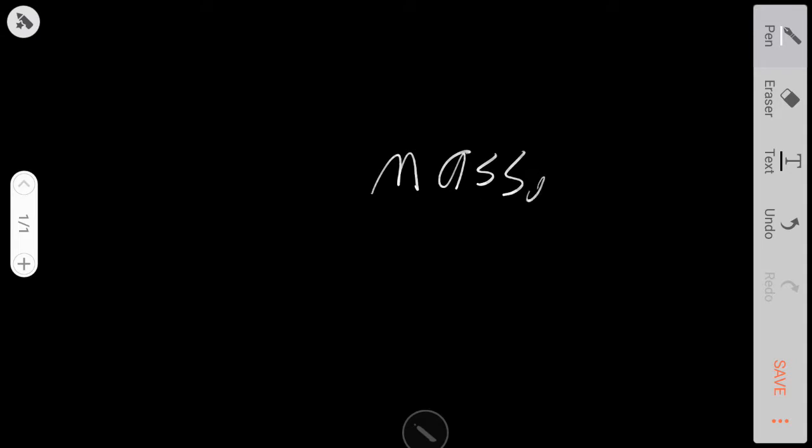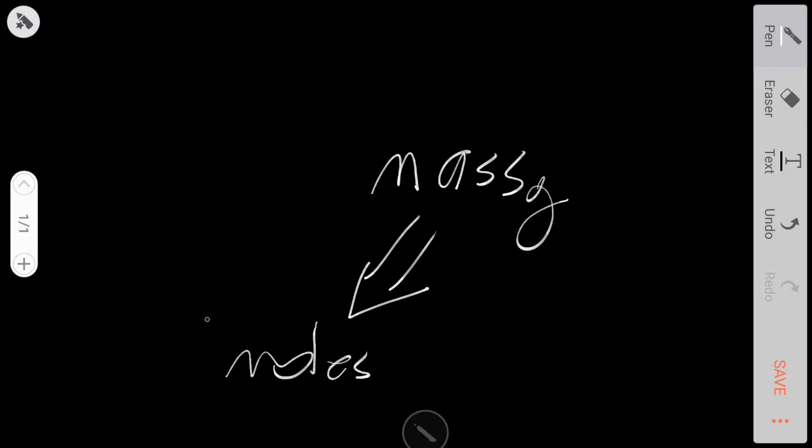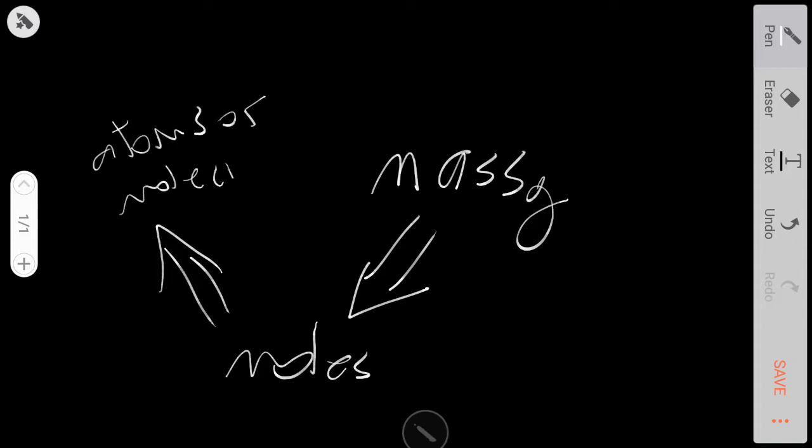Something to remember, do not forget this: when we're converting, mass can go to moles, which can go to atoms or molecules. You must follow this pattern, or it can go the other way around.